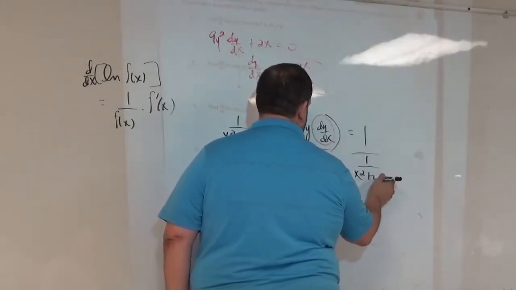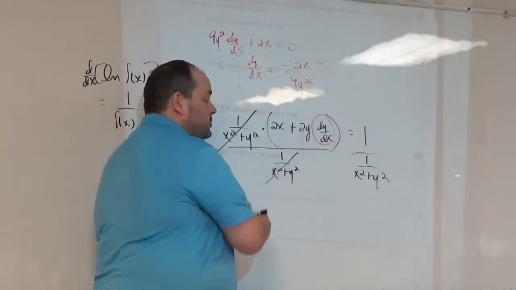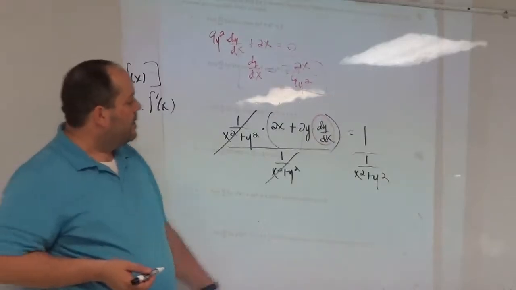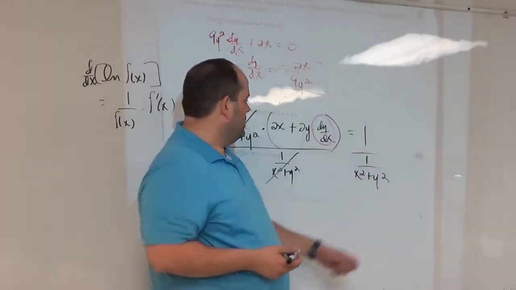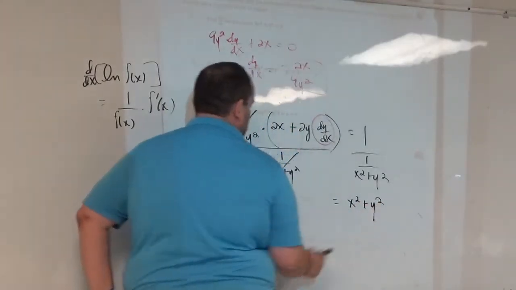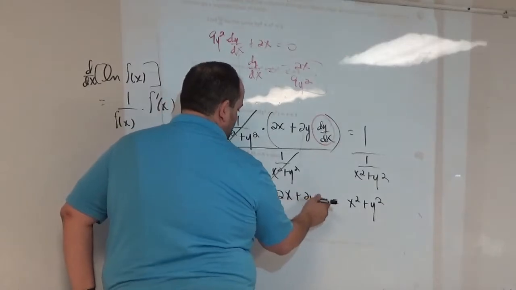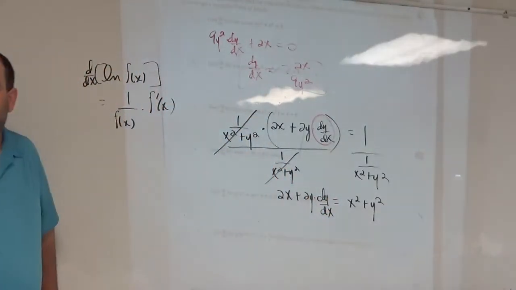Okay, hold on a second. If I divide both sides by 1 over x squared plus y squared, those guys cancel out. 1 divided by 1 over x squared plus y squared is the same as x squared plus y squared. So 2x plus 2y dy dx equals x squared plus y squared.